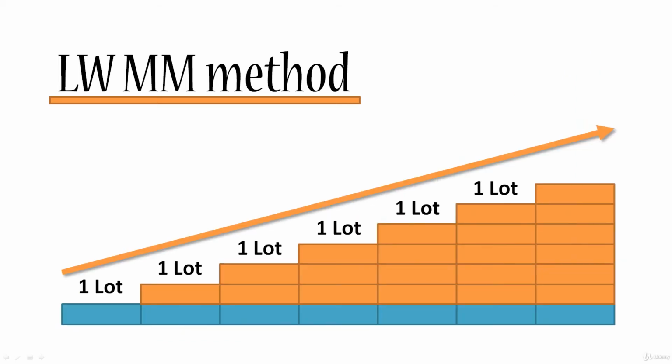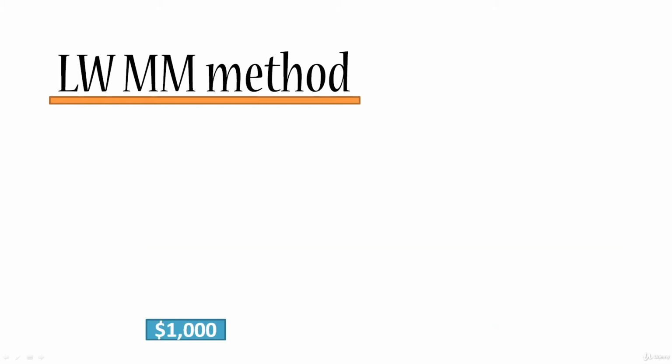Now this is the chart that we're familiar with from the previous section when we talked about the constant lot money management method. Let's construct a similar chart, but for the Larry Williams money management method. Let's start off by assuming that we have $1,000 on our account, which is represented by this blue block in the bottom left corner. Now, let's also assume, for argument's sake, that we choose to invest one lot.